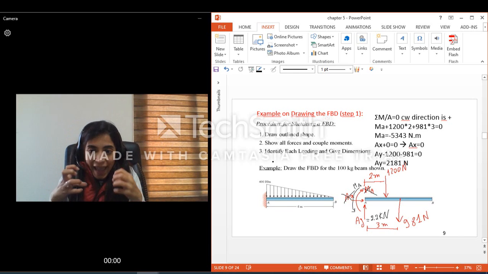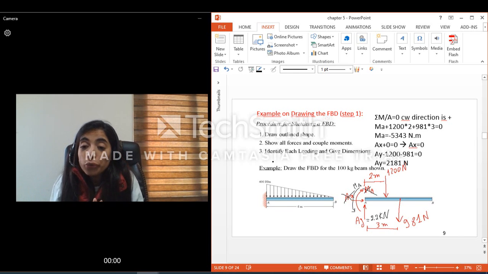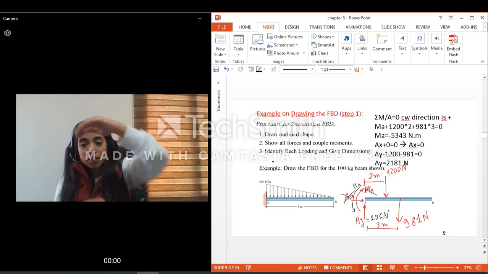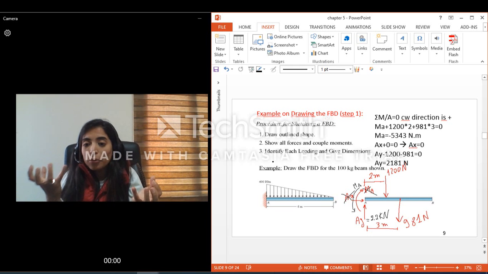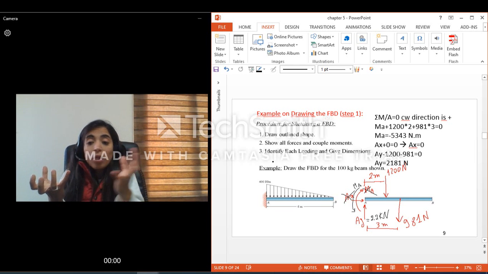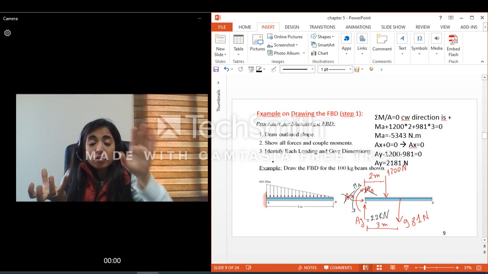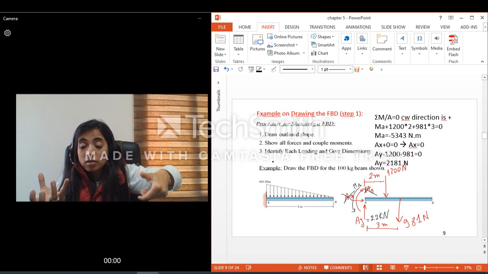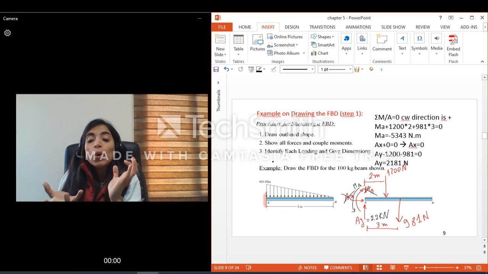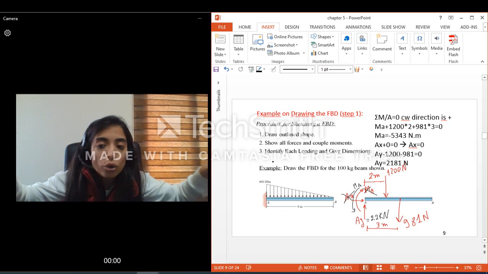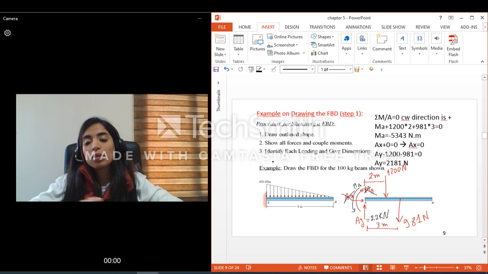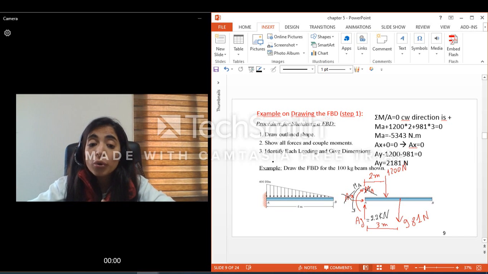So in order to react and prevent this rotation, A should produce a counterclockwise, opposite rotation in order to have equilibrium. The support should resist all the rotation caused by these clockwise forces, so it should give a counterclockwise reaction moment to reach the equilibrium state. And same goes for Fy.